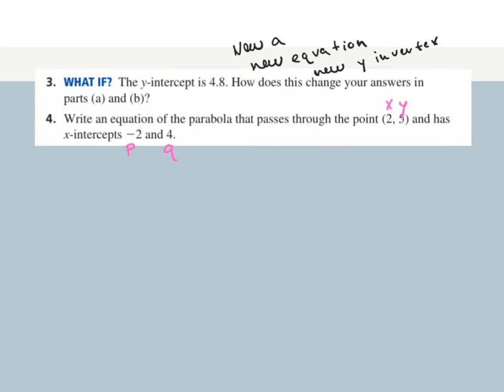So we plug it in now. We're plugging it into our intercept form equation, so we have y is equal to a times x minus p times x minus q. Our y is 5. Our x is 2. Our p is -2, so what happens to our equation when we have a 2 minus a -2?